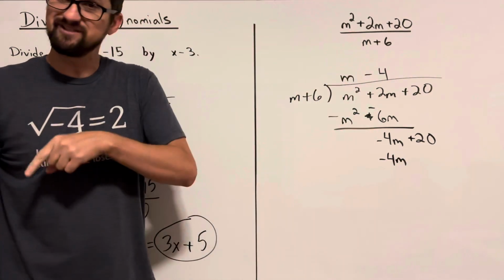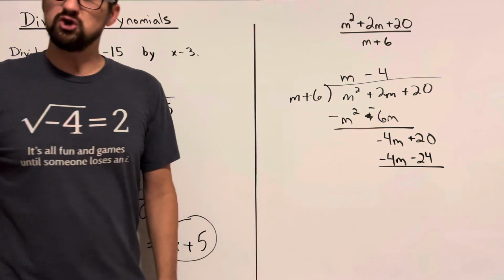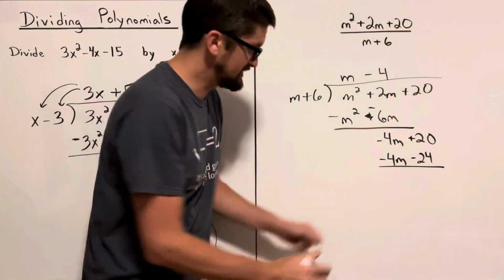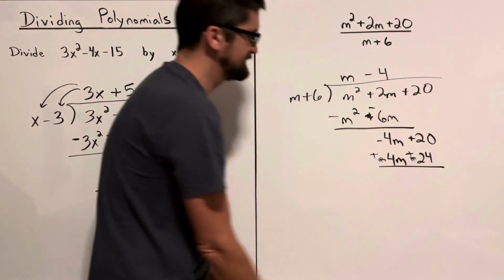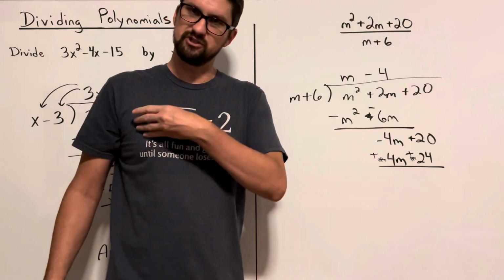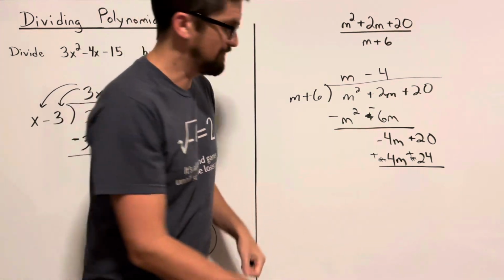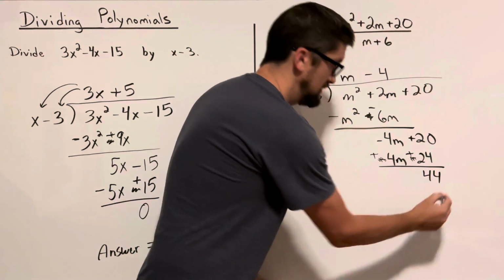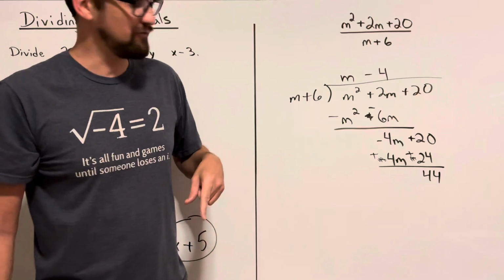And negative 4 times 6 is negative 24. Now you can draw your line and subtract. That's going to change these signs from minus to positive. So negative 4m plus 4m is gone. We have the 20 plus 24, which is 44. So this time we have a remainder of 44.